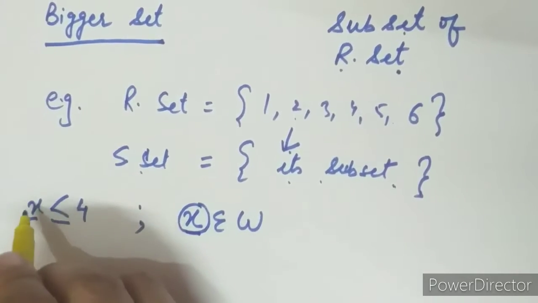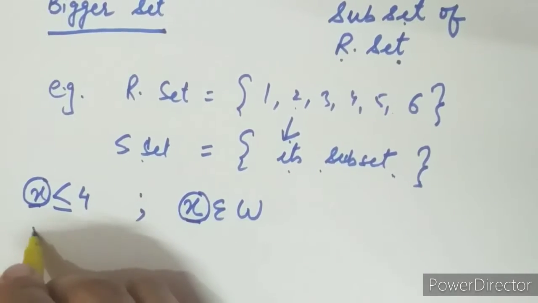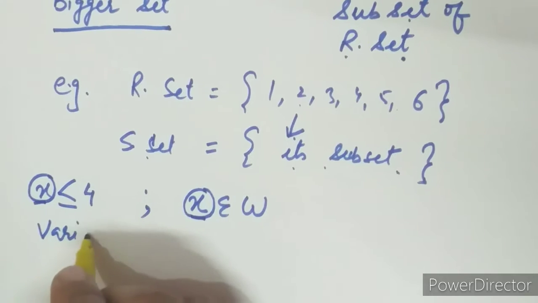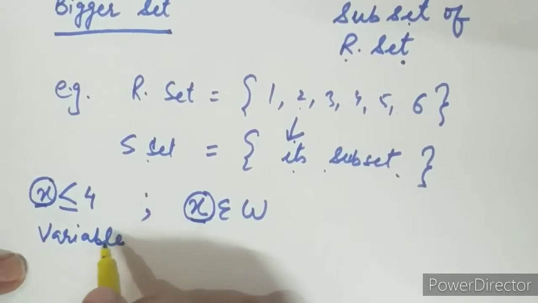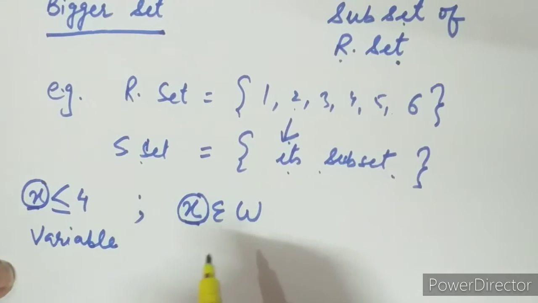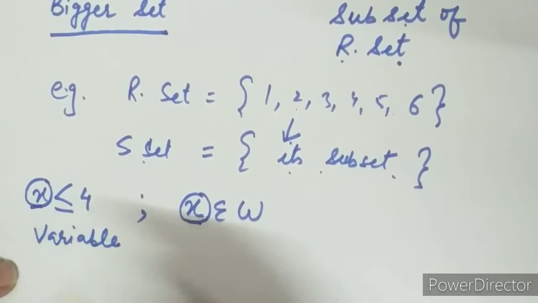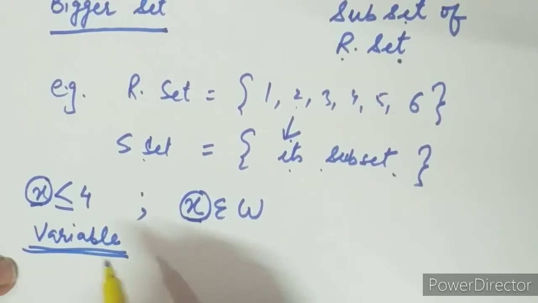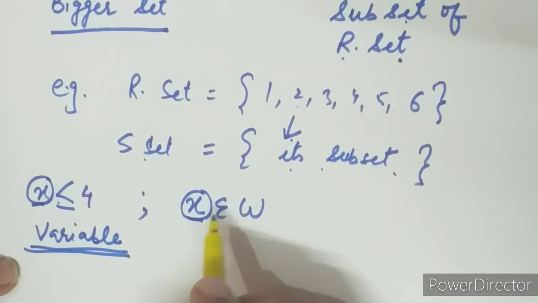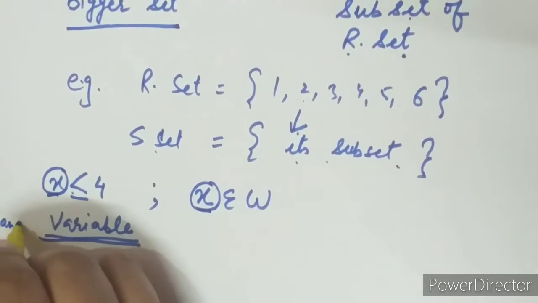So here we have imposed two conditions on our variable. Remember that the replacement set and the solution set are two different sets for the values to be found for our variable only. That means from these two kinds of sets we will get the range of our variable.